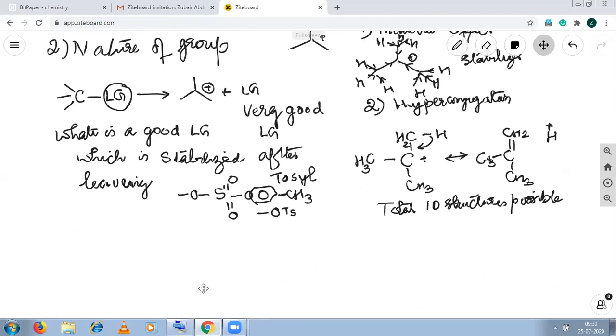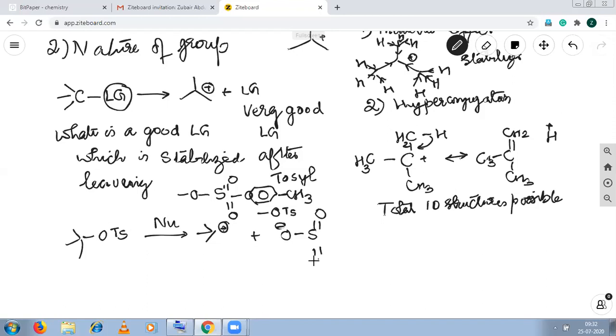Why? Because once the OTS is coming out of this reaction, for example, suppose I do a reaction like this with OTS. This is my starting material. I react with this nucleophile. In the first step, I get the carbocation plus my OTS: O minus, S double bond O, double bond O, and phenyl ring with a methyl group.